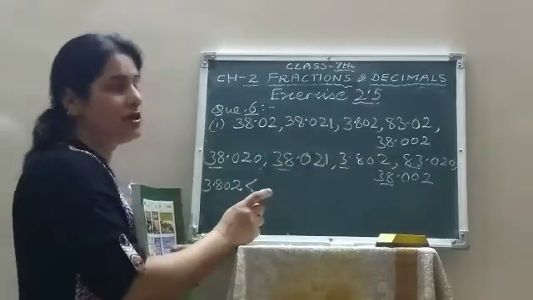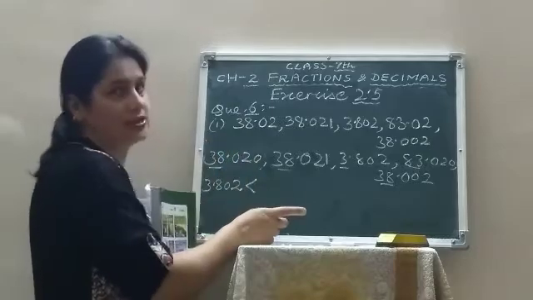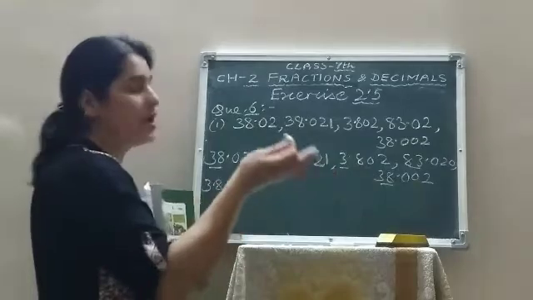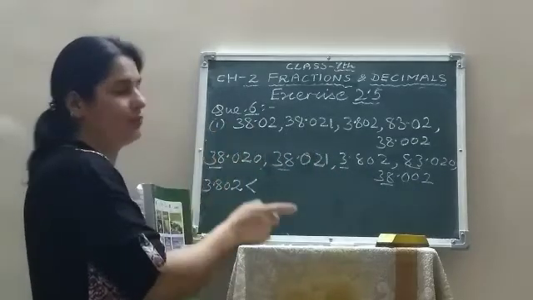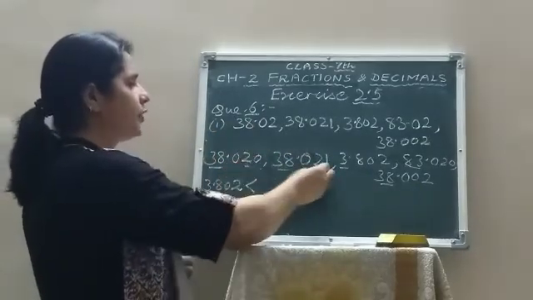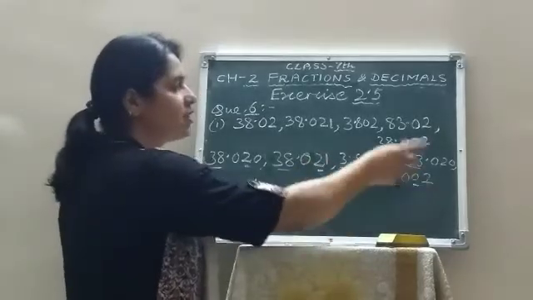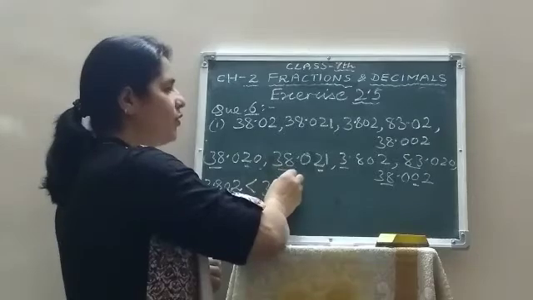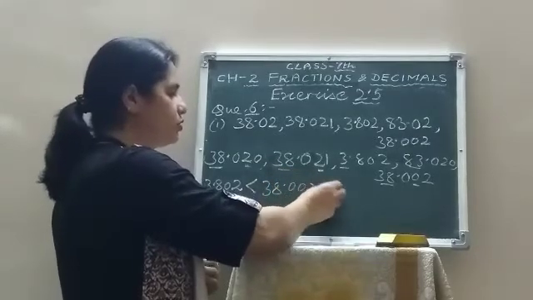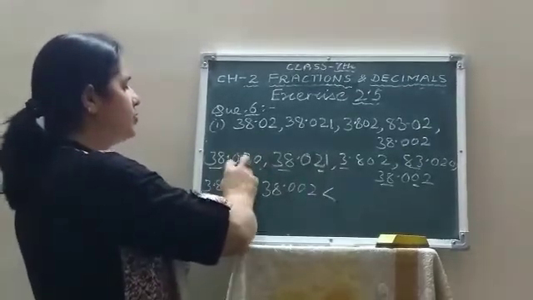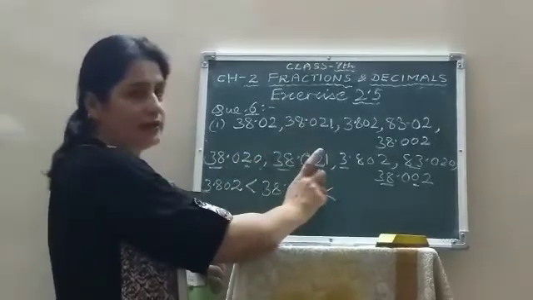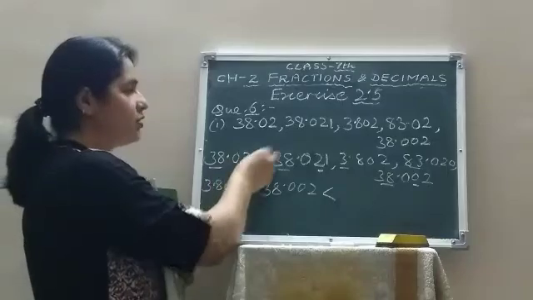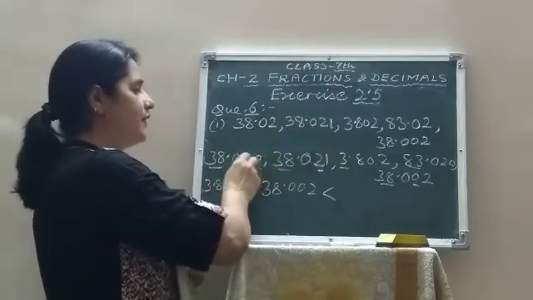So now you will see the tenth place value. Here it is 0, 0, 0, same. Now you will look at the hundredth place value. Here 2, 2 and here 0. So which is smaller among these? This one, 38.002. Now these both have 2 in the hundredth place, so you will see the thousandth place now. Here 0 and here 1. Which is smaller? This one.